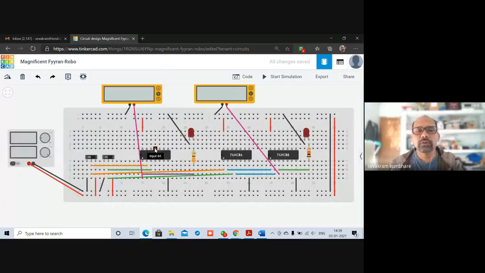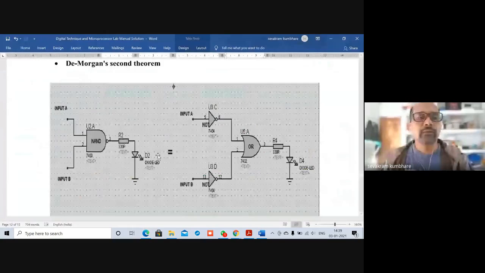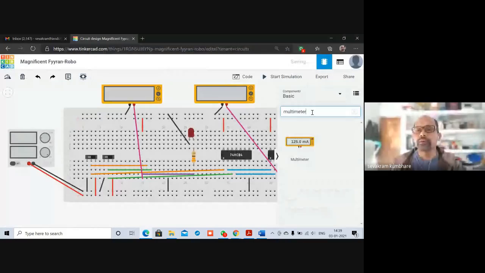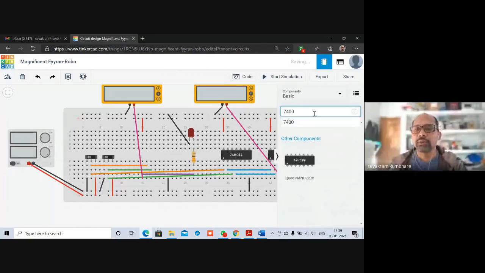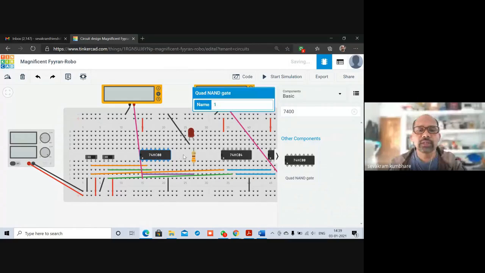Okay, so 7402 I don't want, instead I want 7400. So what I'm going to do, I'm going to use a search for 7400. Remaining connections will remain as it is. Now I'm not going to do the whole circuit connection because that will just take our time.